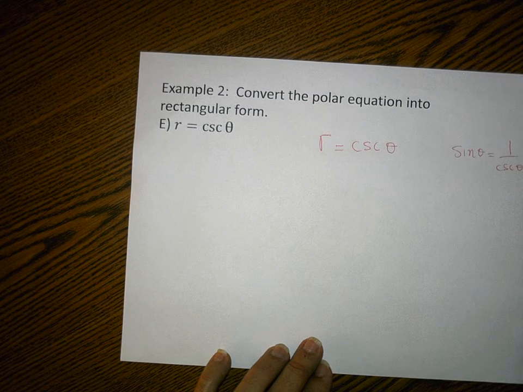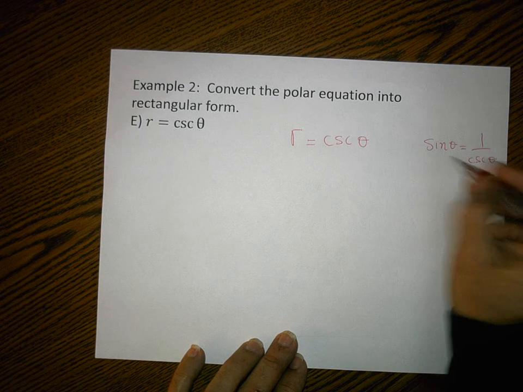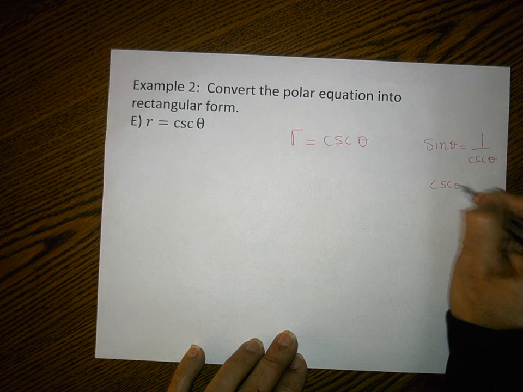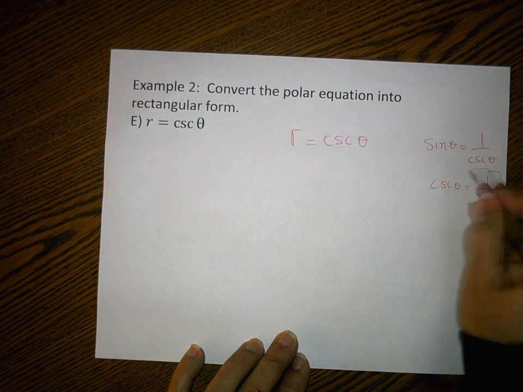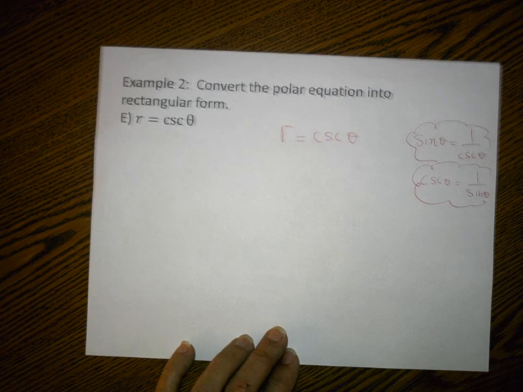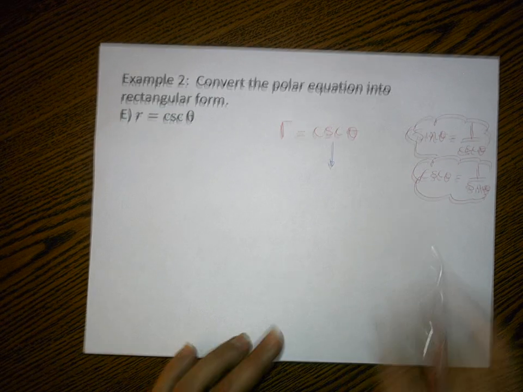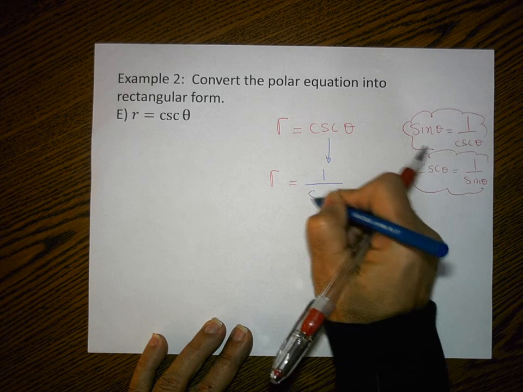Well, let's also think about this: the cosecant of theta equals 1 over the sine of theta. They're reciprocals of each other. So why don't we substitute this for r equals 1 over sine of theta?